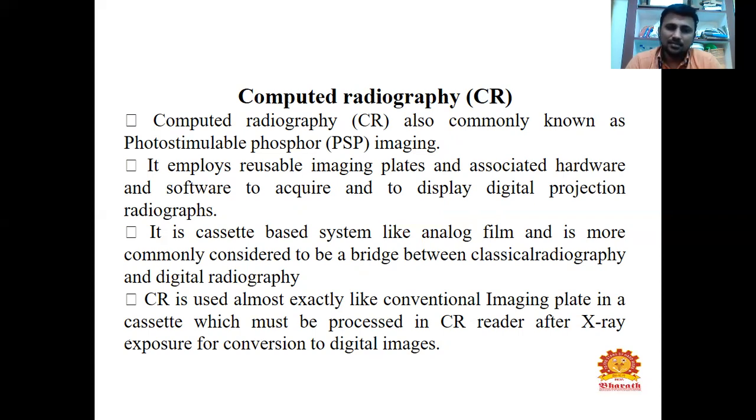It is a cassette-based system like analog film and is more commonly considered to be the bridge between classical radiography and digital radiography. CR is used almost exactly like conventional film, with an image plate in a cassette which must be processed in a CR reader.